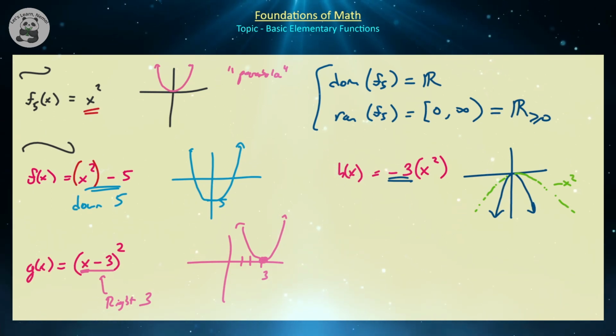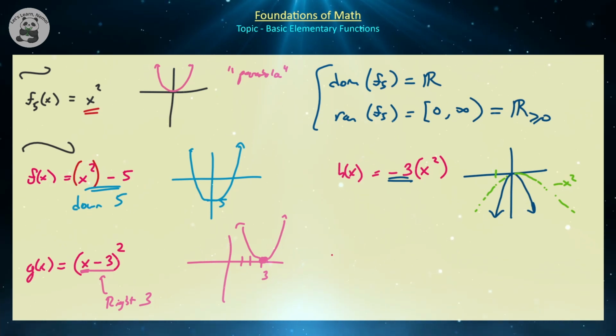So it's going to be a little bit more rapid in terms of its y values. So instead of being, for example, negative 4 at x equal to 2 and negative 2, now it's going to be equal to negative 12 at x equal to 2 and negative 2. All right, so it's going to be a little bit deeper, I guess you could say.